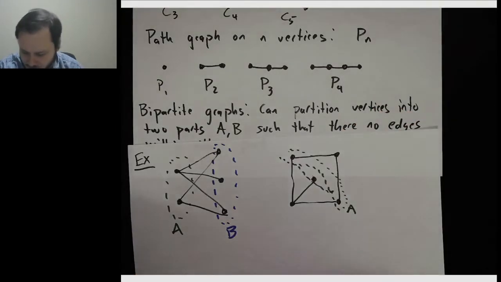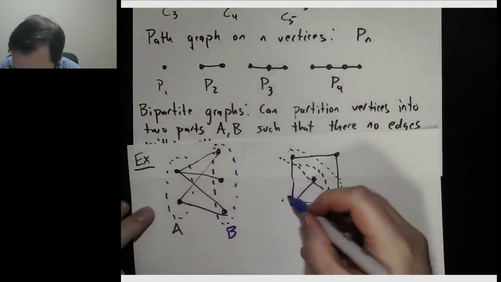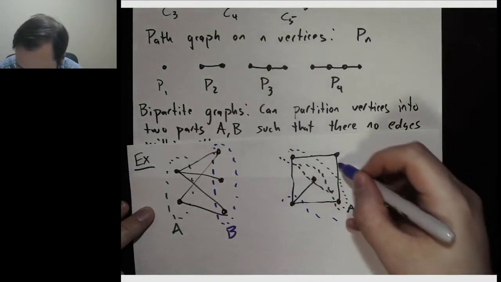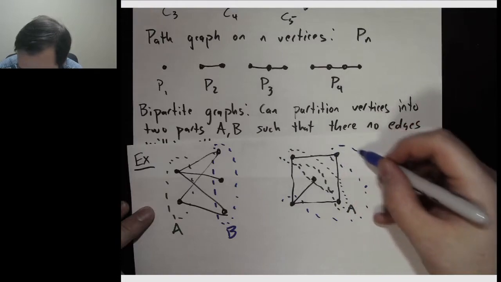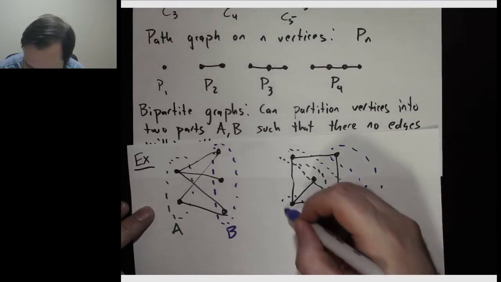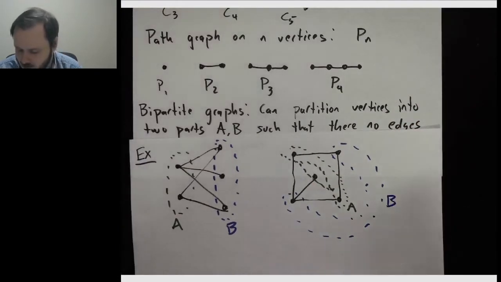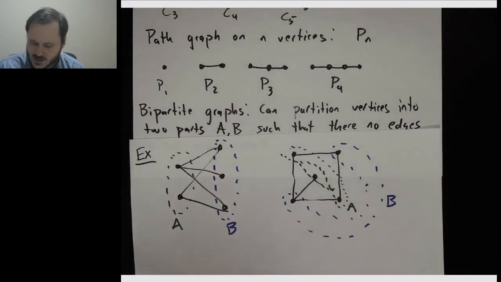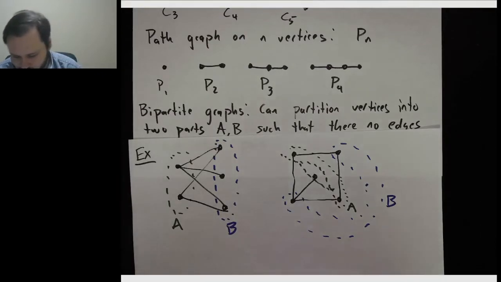And I'll make the other 2 my part B. So not immediately obvious that I can do this splitting into parts, but in this case I can. So that's a bipartite graph.